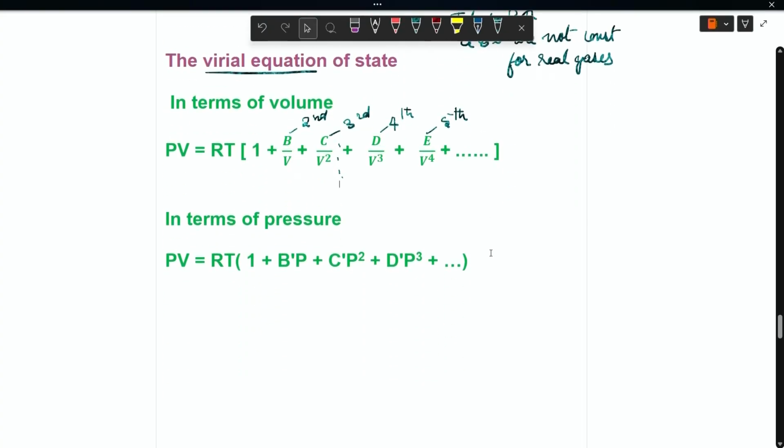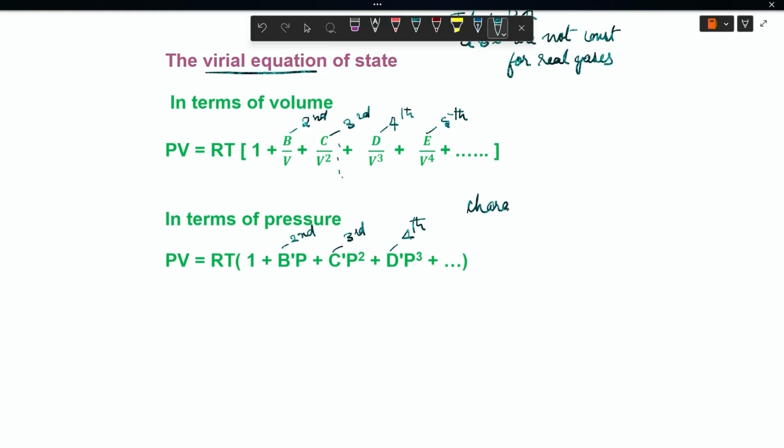Now, in terms of pressure, PV, that is pressure into volume, is equal to universal gas constant times T into 1 plus B prime P plus C prime P square plus D prime P cube, where these are the same second, third and fourth virial coefficients, and these virial coefficients are characteristic of the gas in both cases, of a gas, and temperature dependent.